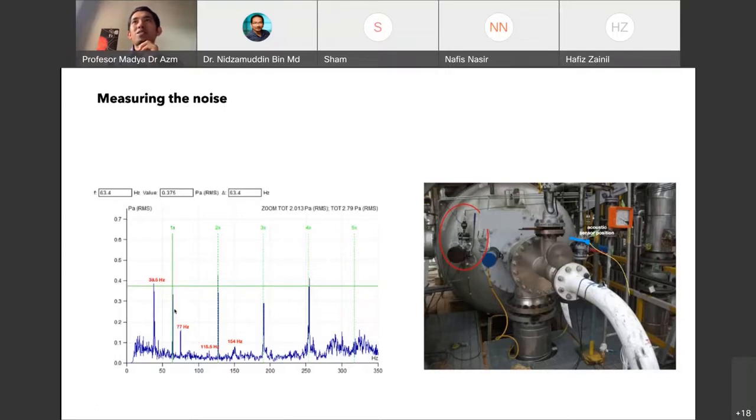Here we can see the noise from inside the chamber at 63 hertz and multiples of it. We have the harmonics of 63, spaced nicely. So the source of the vibration is something to do with the process inside the chamber.